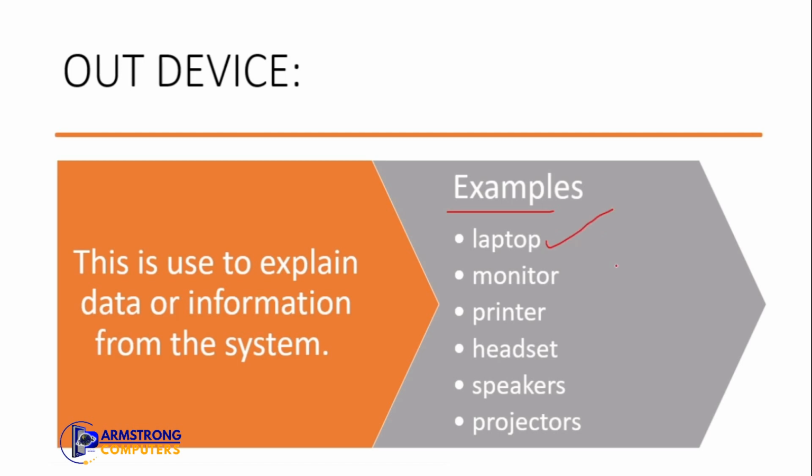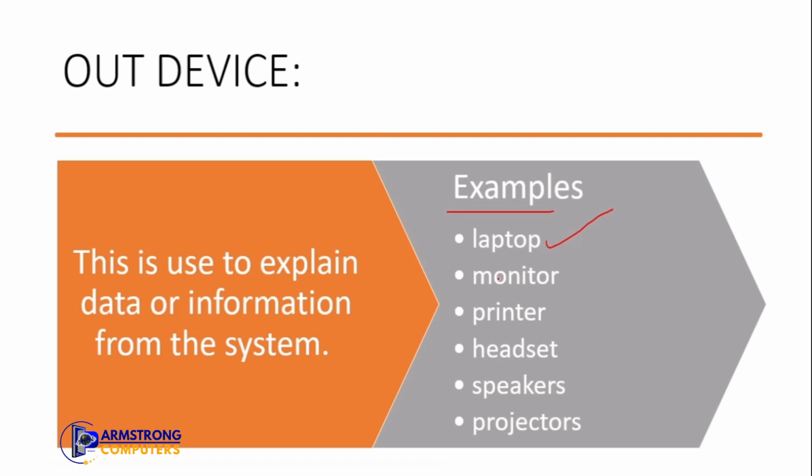When you have a desktop, you can connect a VGA cable from your system unit to the laptop, and the laptop will display the output from the system unit. That is why we classify the laptop as an output device.